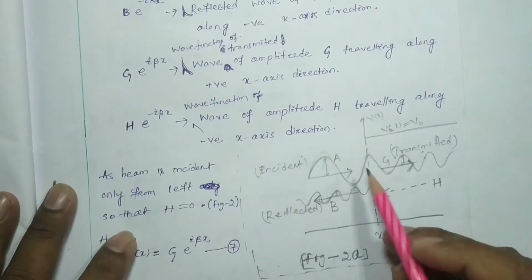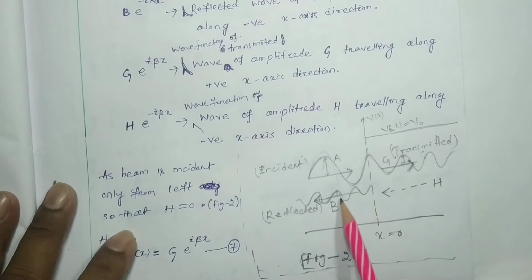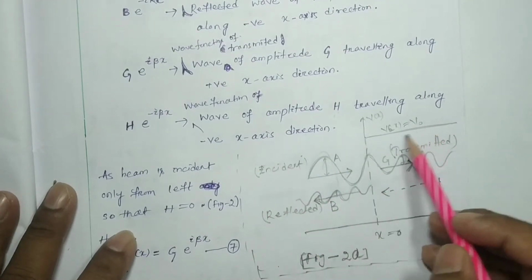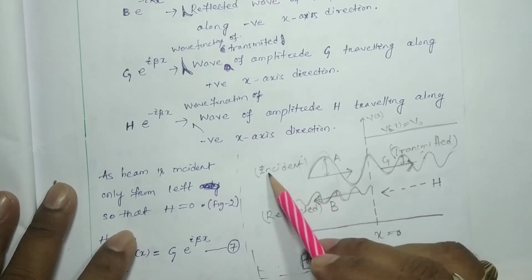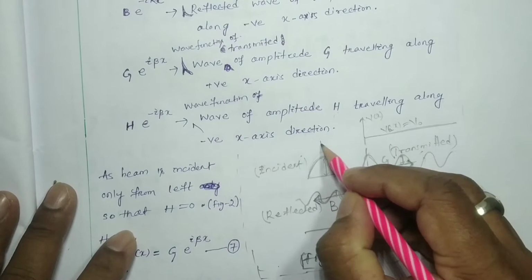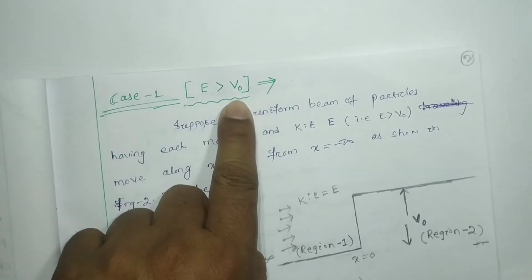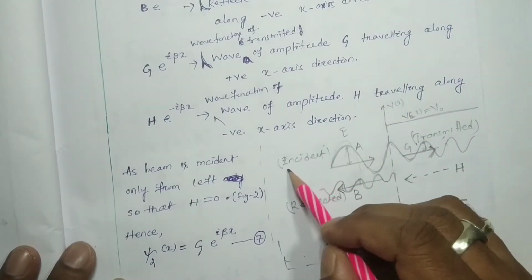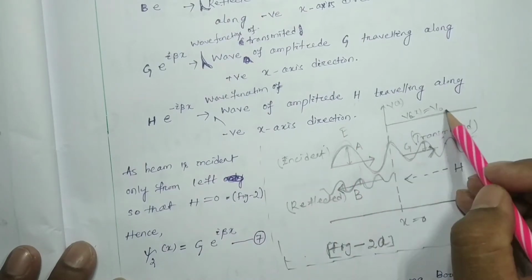then some part of the wave is transmitted and some part is reflected, because the energy of the incident wave is higher than that of the potential. Okay, so here the kinetic energy, whatever we have considered for this case, is E greater than V0. That means the kinetic energy of this incident wave or incident flux is greater than V0.